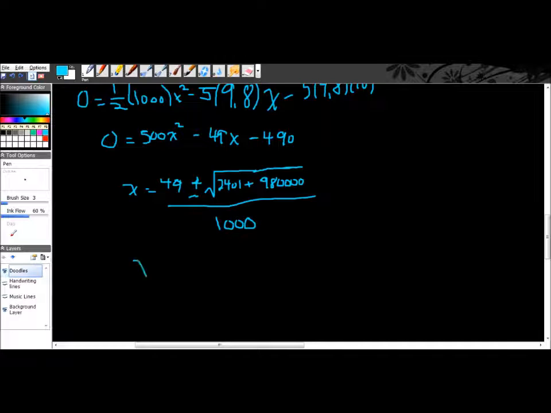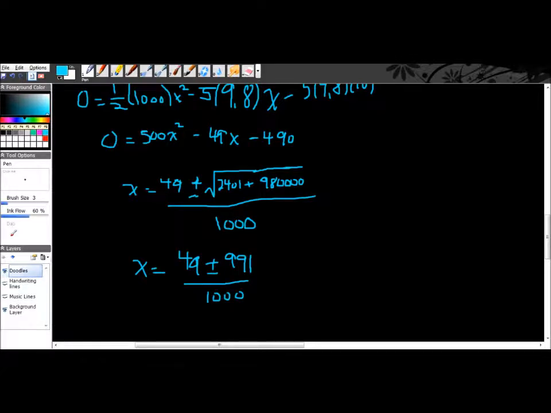Okay, this equals, let's do that square root. 2401 plus 980,000 is about 991 over 1,000. So 49 plus or minus 991 over 1,000.